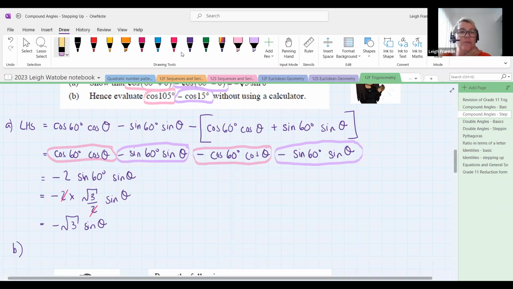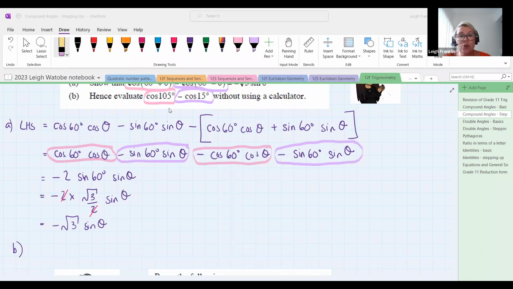Let's see what you guys are putting in the chat. All right, but if we do that, you are right to an extent, Nolwazi, but they've asked us to evaluate what this is equal to.